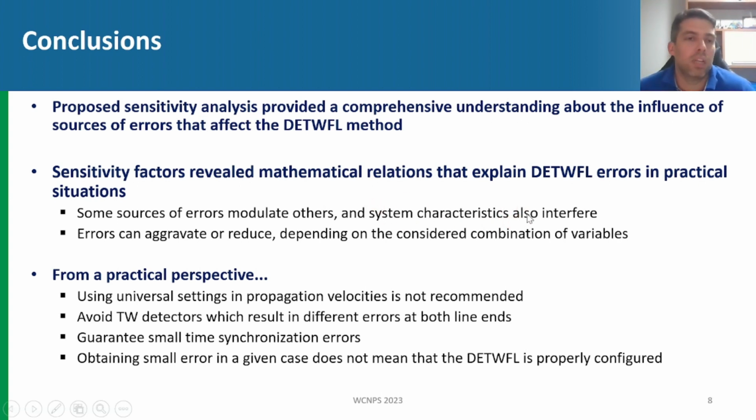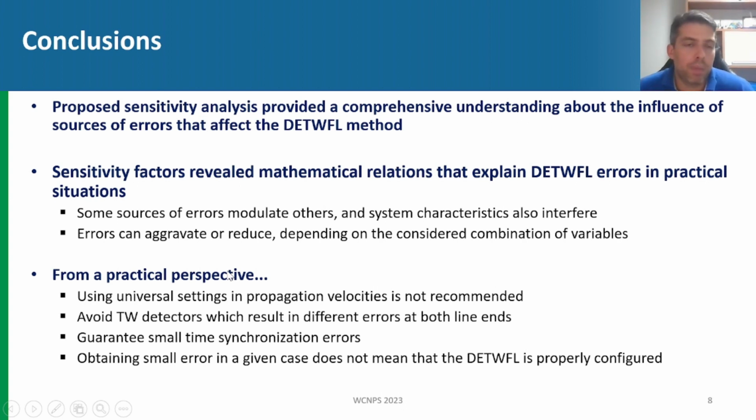So depending on the combinations, errors can aggravate or reduce, and it depends on the combination between these variables from the errors in the settings of the method and also considering different values of the system characteristics, for instance in propagation velocity and line length.